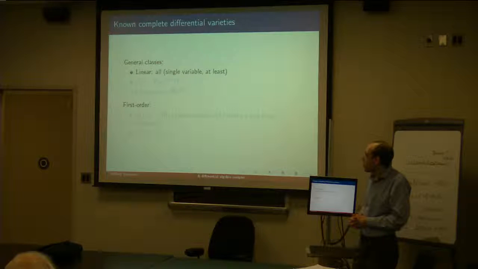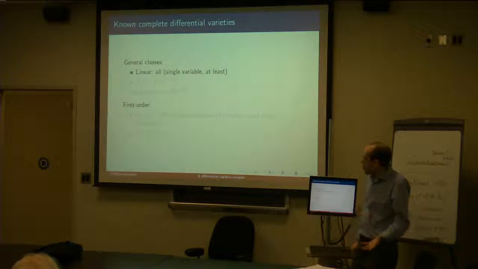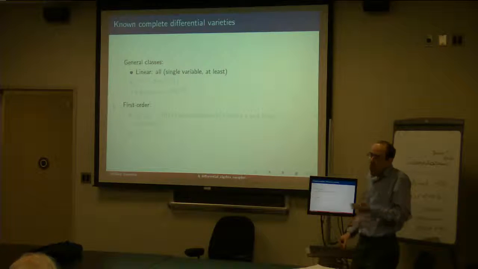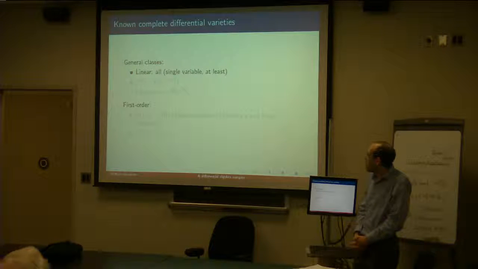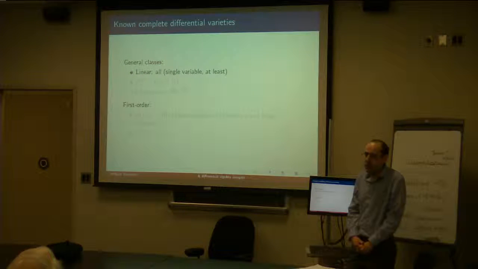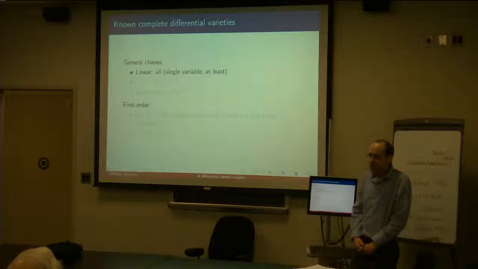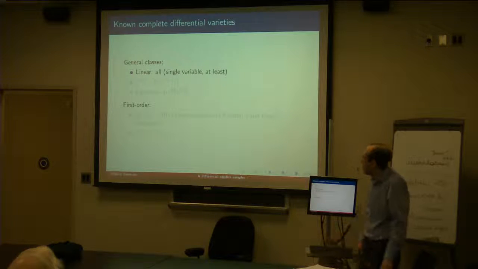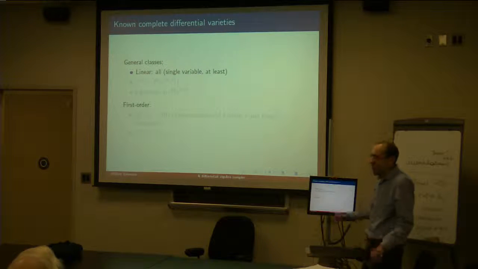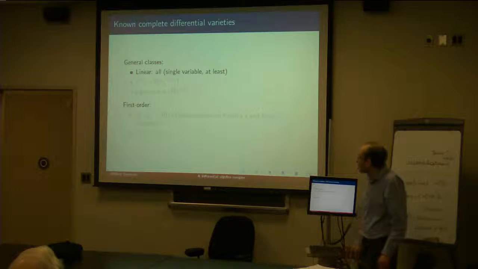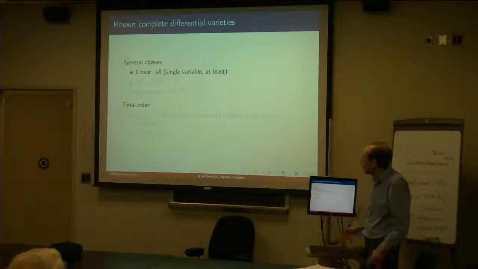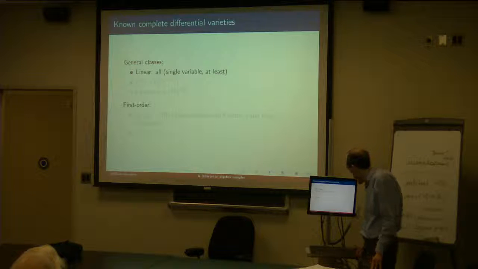If you have a linear differential equation in a single variable, then their projective closures are all complete. I believe that the same thing would hold in several variables and also in the partial case, but I haven't confirmed that. It's messier to do, but I've thought a little bit about it. If there's any justice in the situation, then that should be the case as well.